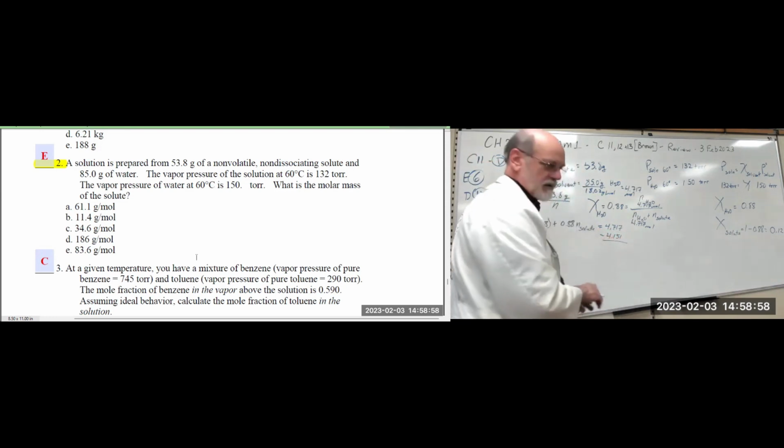We subtract that from this side and we get 0.566. So we moved all of this over to that side, and that makes this 0.88 times moles of solute equals 0.566.